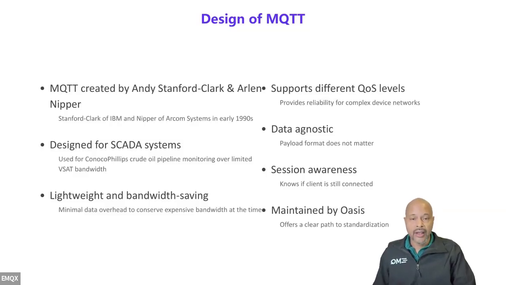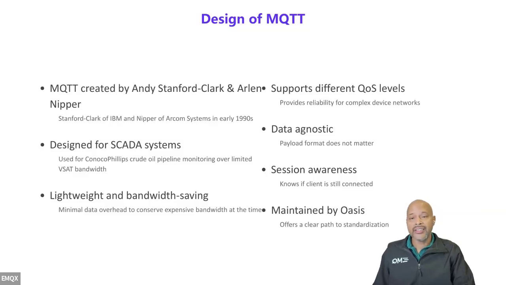So SCADA, PLCs, and again, that data, which is very valuable, was not available remotely and unable to consolidate that data in a good way. So MQTT was the project that made that achievable.